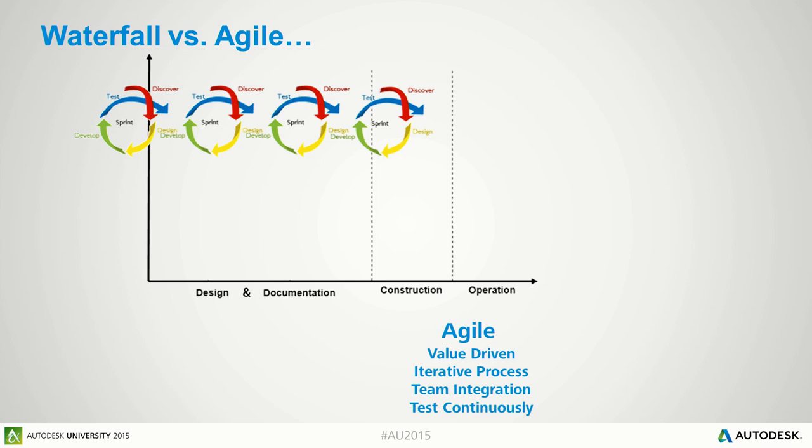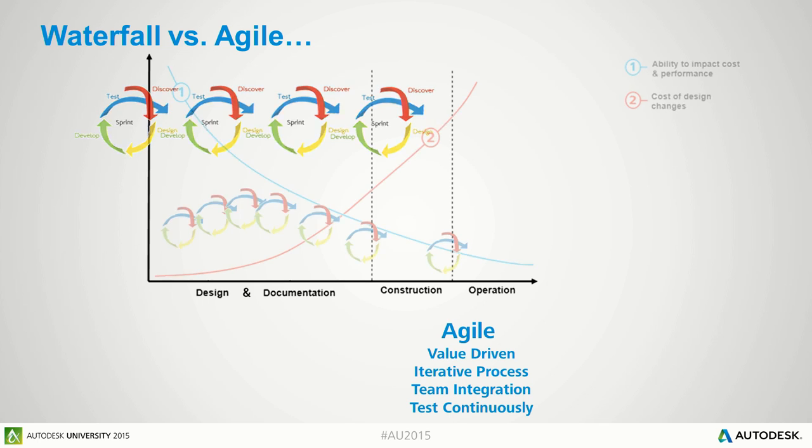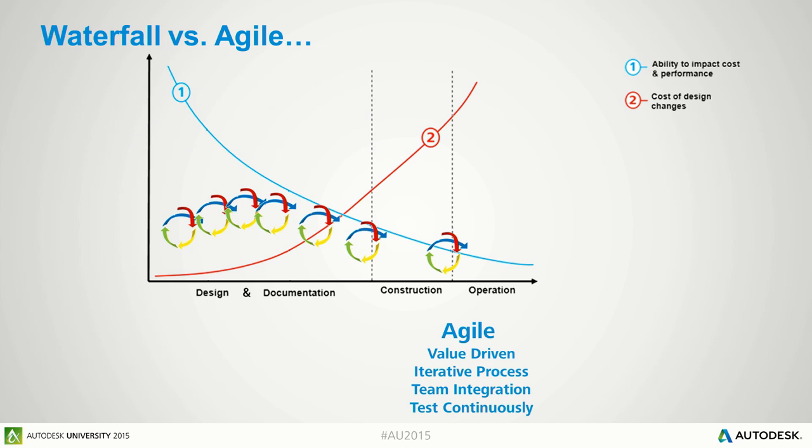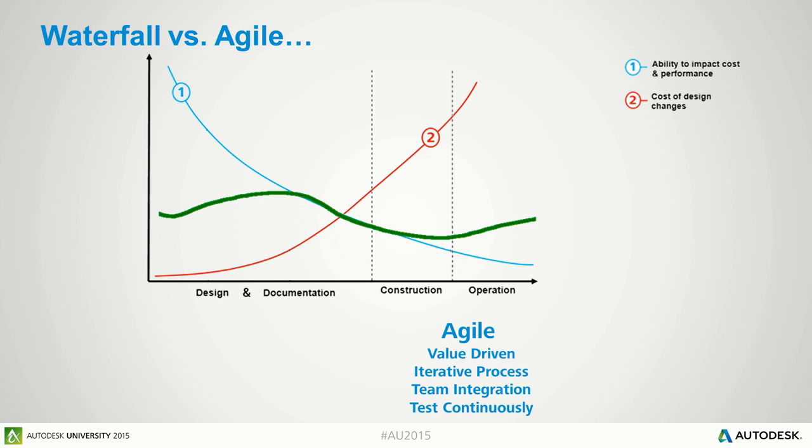We could even say that we're moving some of the construction documentation into that early design process, because we're starting to embed some decisions, some specifications, some performance numbers into the early design process that's typically figured out during the documentation phase.